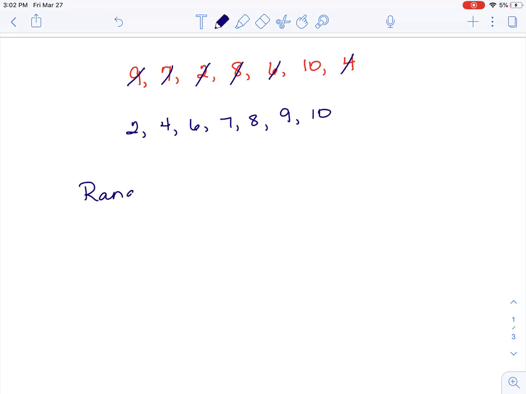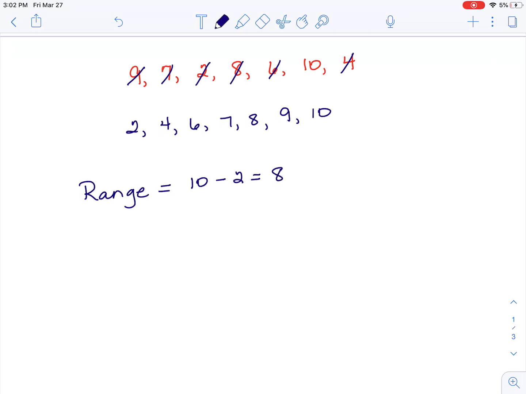So if I asked you for the range, the biggest number, 10, subtract the smallest number, 2. I don't know why my smallest number is always 2. And that would give me 8. Now, what if I ask you for the mode? The number that happens the most. Well, no number happens the most. So we would say this has no mode.